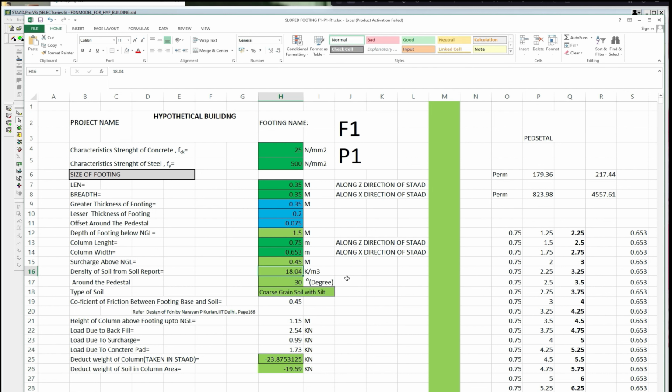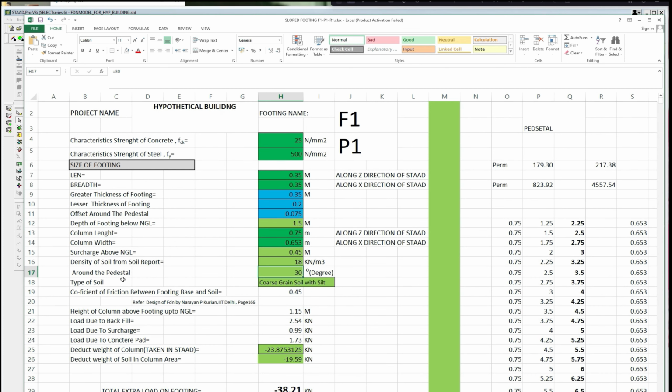The density of the soil, let us take it as 18. It has to be taken from the soil report. The angle of the soil, let us take it as 30 degrees. We can refer to the soil report and get this value.